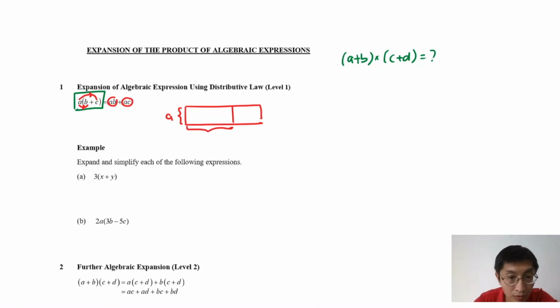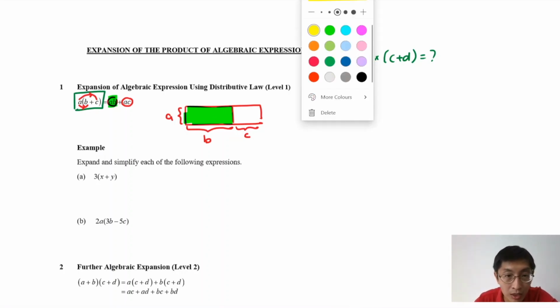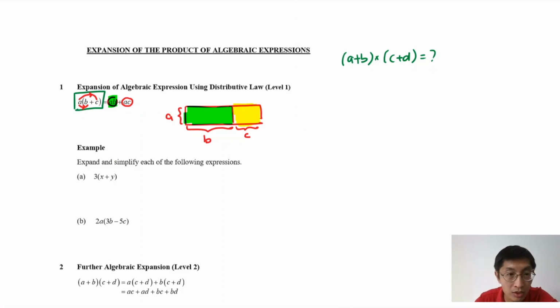Then of course, the first length we call b, the second length we call c. The area of this rectangle is literally just a multiplied by (b + c). But if you look at it individually, the green rectangle over here has area a times b, whereas the yellow rectangle is just a times c. And that's basically why they are equal.